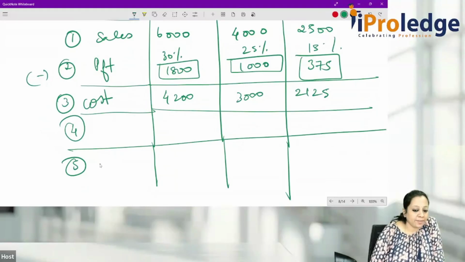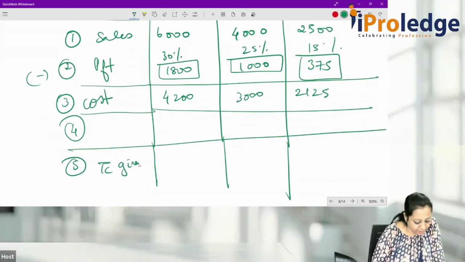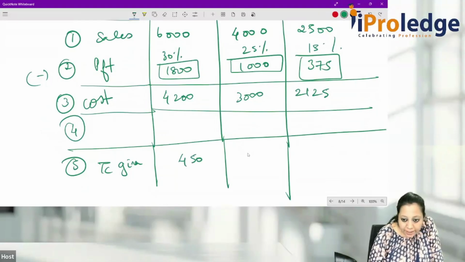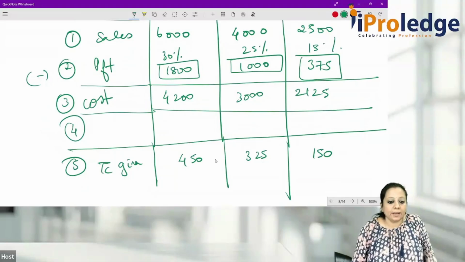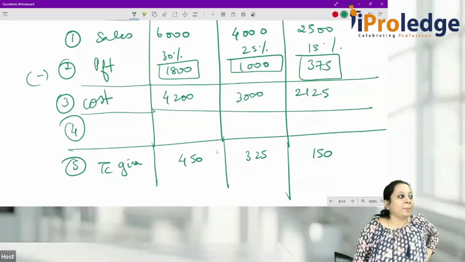Now they have given in the table. We all see total cost given is going to be 450, 325, and 150. Am I correct, students? Yes. And selling expenses is a percentage on sales.